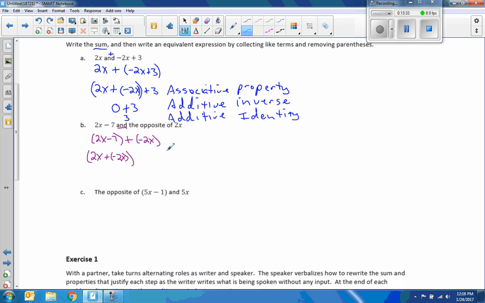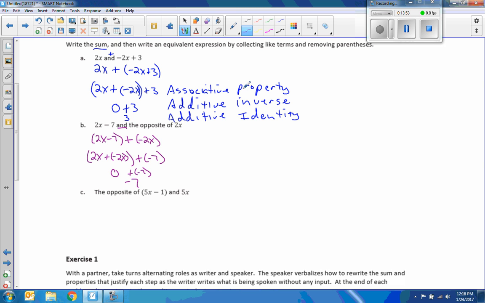And I'm going to move the minus 7 over to here, or plus a negative 7 over to here. Okay? So 2x plus a negative 2x is 0, plus a negative 7, and then when I add anything to 0, I get that anything.